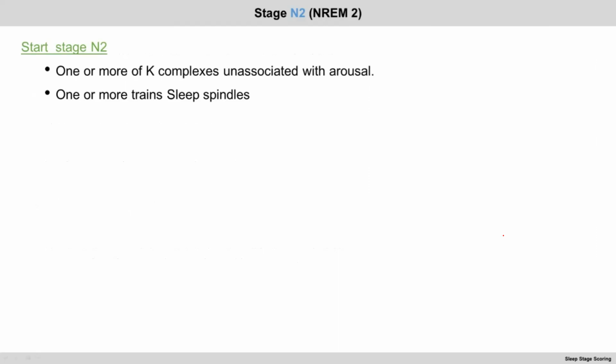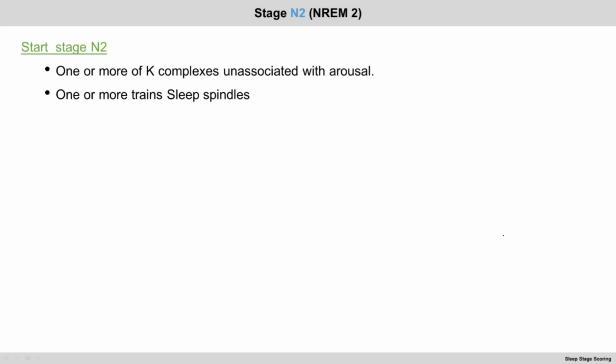And now how to score stage 2. If in that 30-second epoch one or more K complexes are there, but they are not associated with the arousal. If it is associated with the arousal, it is scored as some other stage like N1. One K complex may be present, or more than one K complex may be present in the 30-second epoch.